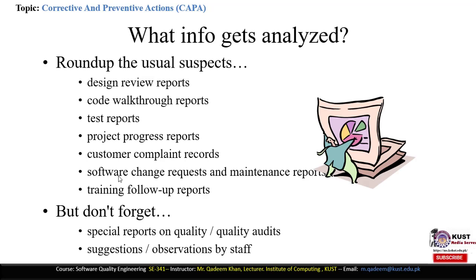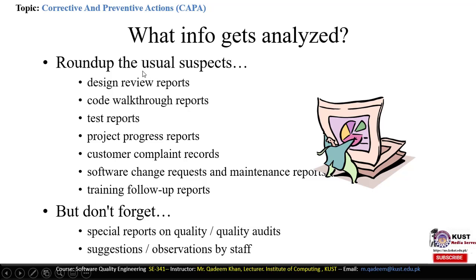What information do we get to be analyzed? We need different documentation for the analysis purpose. So we have to round up the usual suspects. The usual suspects means those components or items where there is a chance of occurrence of defects, and we have to check these suspected components first.